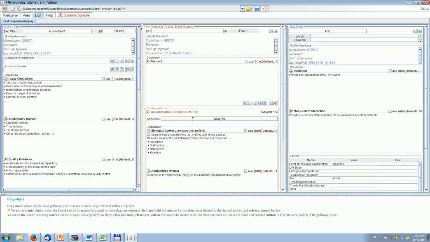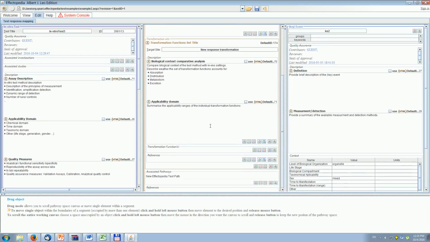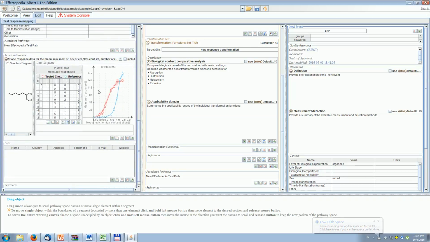New response transformation. And if you have noticed, the response of the in vivo test 3 was not 3 times, but 10 times bigger than the other test. So we can use that as something that we can scale.